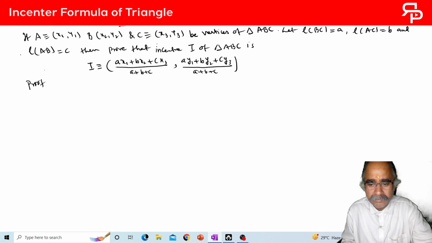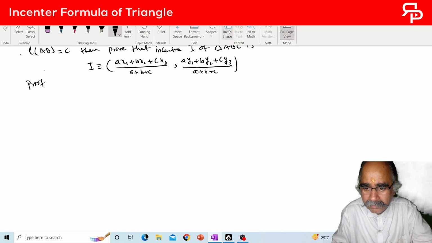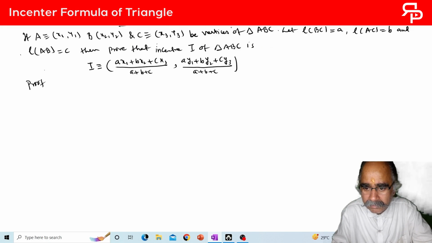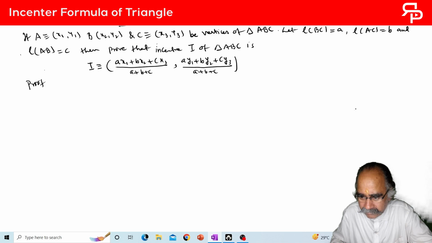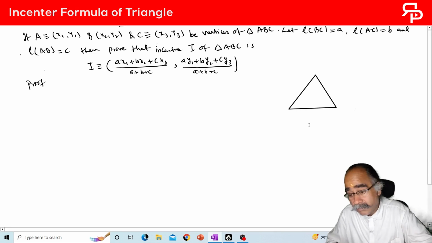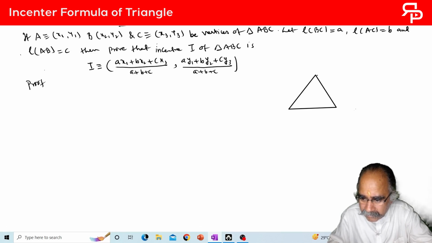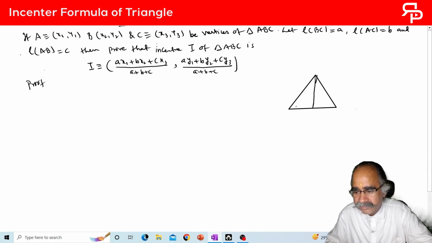Again we'll go to shape. We'll draw a triangle. We'll take any two angle bisectors. This is one angle bisector.